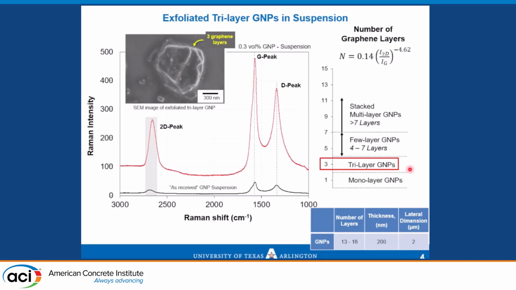It should be noted here that the volume fraction of graphenes is 0.3 per volume of cementitious matrix, and we selected this volume fraction because it defines the percolation threshold of graphene nanoplatelets in our matrix.